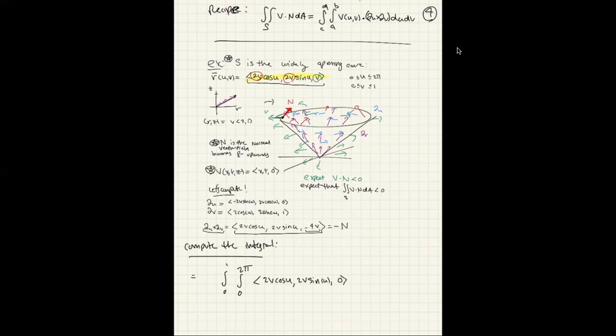Then I'm dotting it. That was this piece, now I'm going to do this piece right here. So I have to correct everything by a negative: negative 2v cosine u, negative 2v sine u.